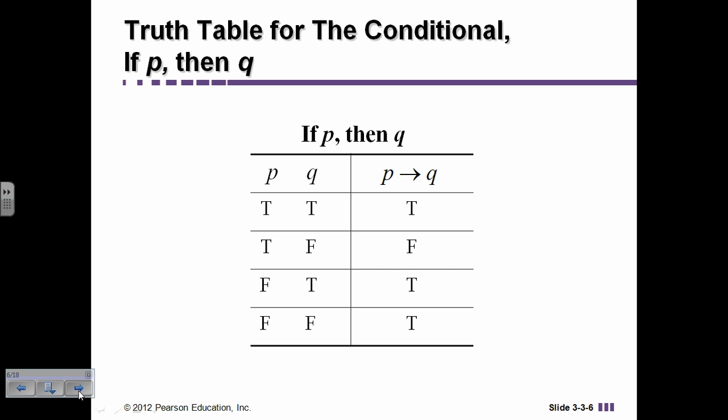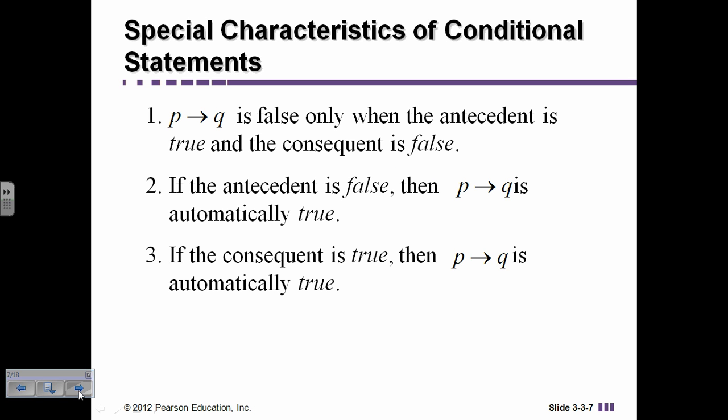If the antecedent is false and the consequent is true, then the overall result is true. So what we end up summarizing that is that the P implies Q is false only when the antecedent is true and the consequent is false. If the antecedent is false, then P implies Q is automatically true.